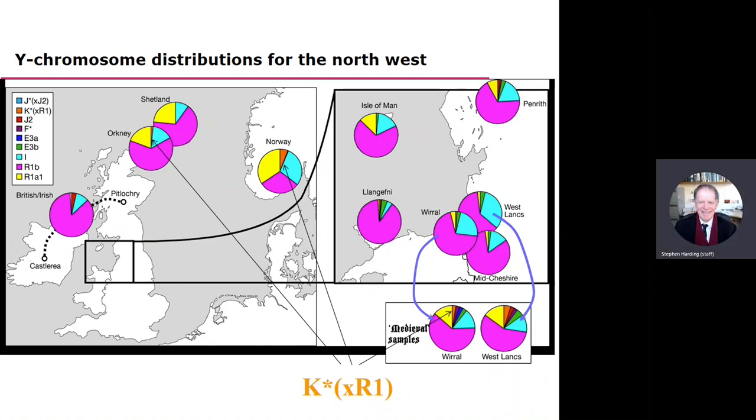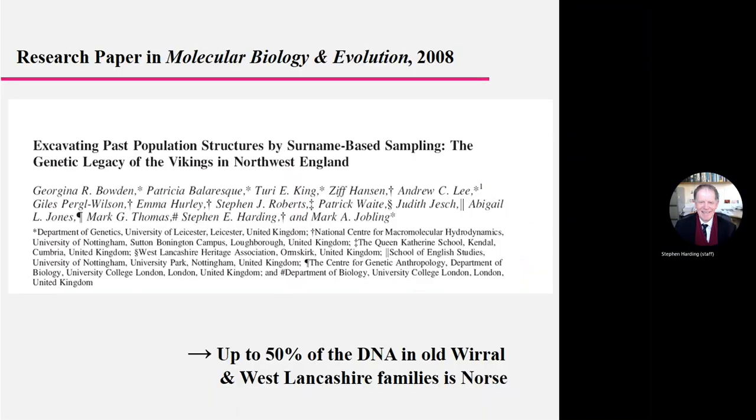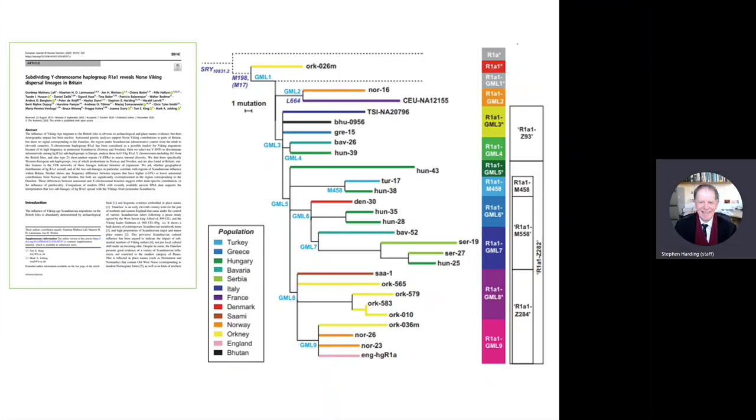But since that time, the methodology is getting better and better, and there's greater resolution within the R1A1 subhaplogroup. So there's another subhaplogroup, or subhaplogroups of R1A1. So with the latest research, published last year, again the same, Turi, Mark, myself, and some other familiar names there too.